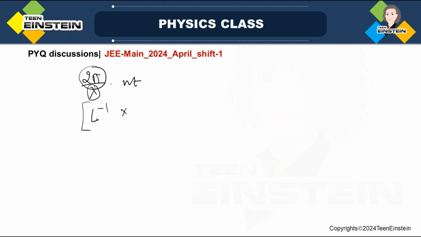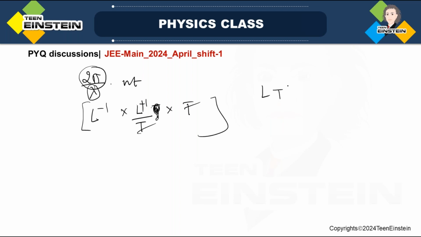So what does it have to be? To have a dimensionless quantity, this has to be L to the power minus 1 into T. T is T, so n has to be L to the power minus 1.